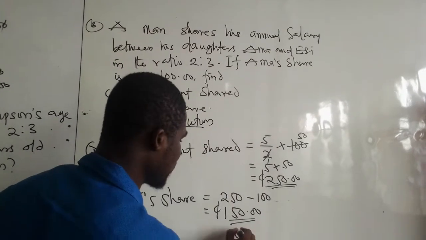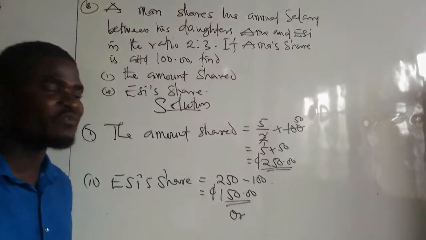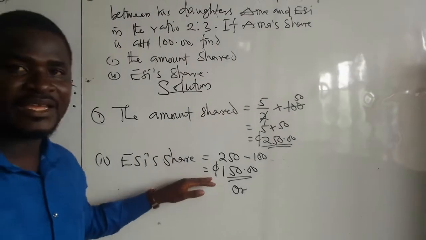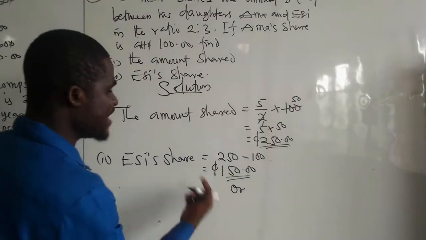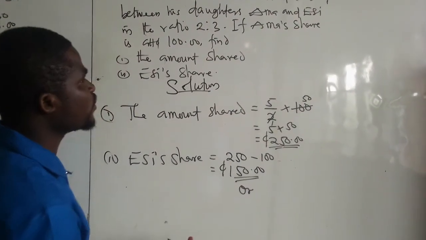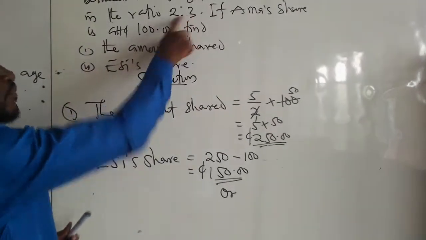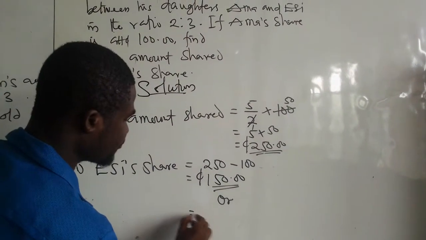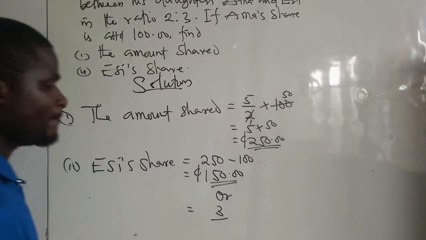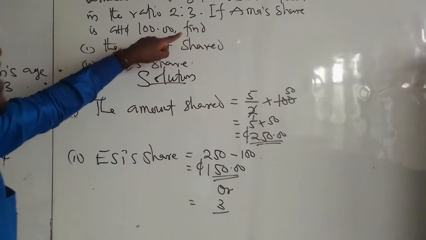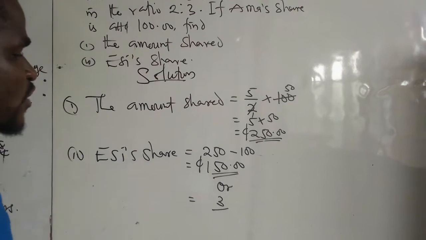Or you can also use this method to find S's share. Now, it will be S's ratio. What's the S's ratio here? S's ratio here is 3. So, it will be S's ratio over Amber's ratio. What's Amber's ratio here?